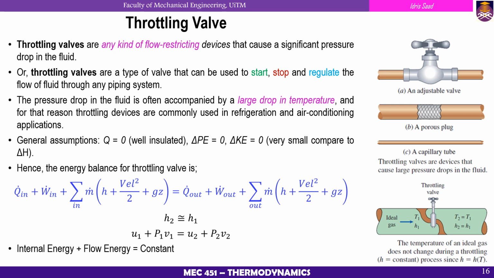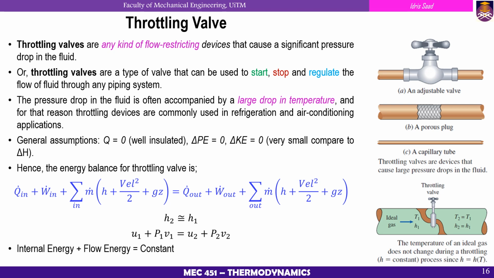In order to regulate the flow, we have to control the mass flow rate of the fluid in the system. For example, the water supply from our supplier, Sabas, is 30 kg per second, but we only want to use 0.5 kg per second for washing the plate.